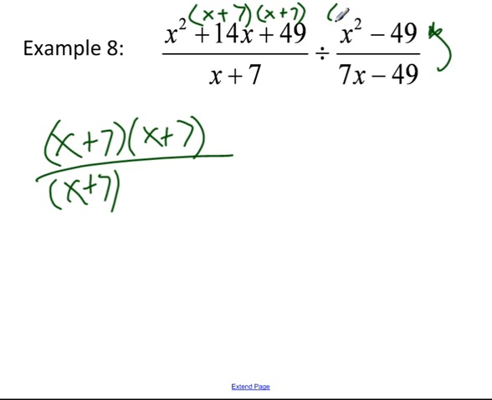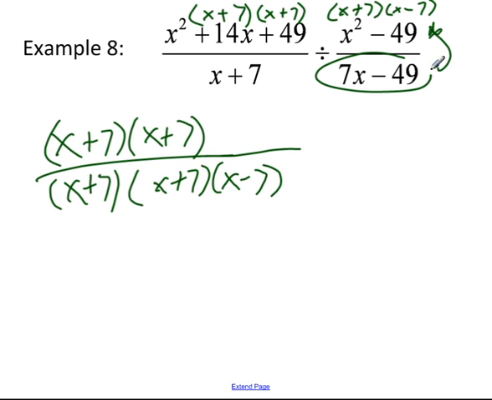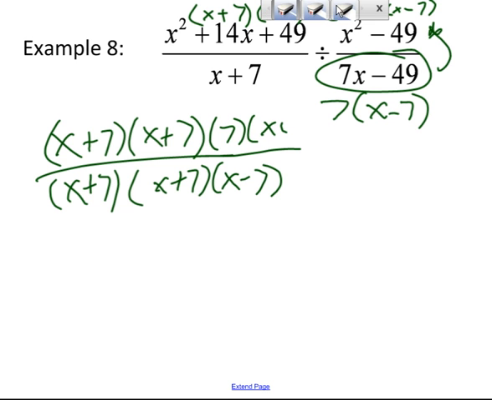So this, which becomes x plus 7, x minus 7, is going to go to the bottom. And this, which is going to be 7 times x minus 7.